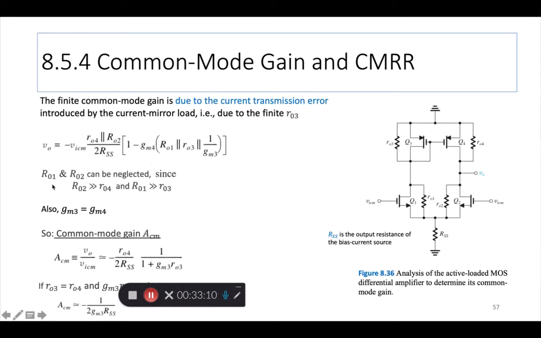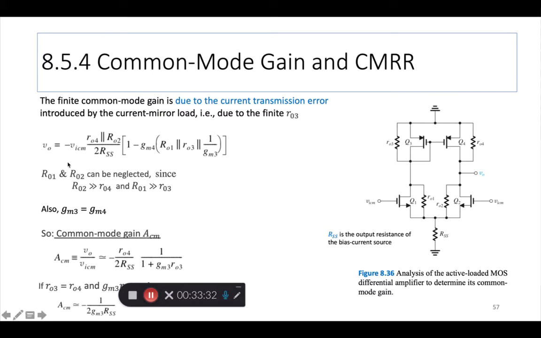Now luckily he tells us that you can neglect RO1 and RO2 because RO2 is generally very high in this formula, and you're taking a very high and paralleling it with a very low. You can forget about the very high. No current will flow through the very high. All the current will flow into the parallel branch with the very low. We know that.